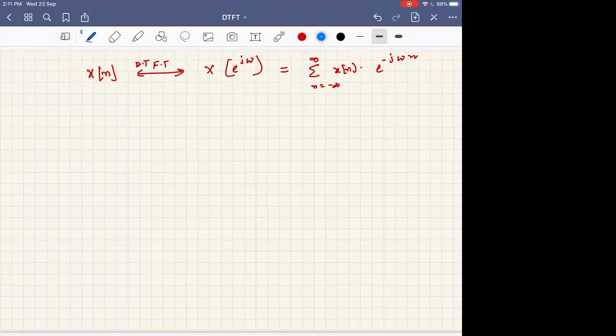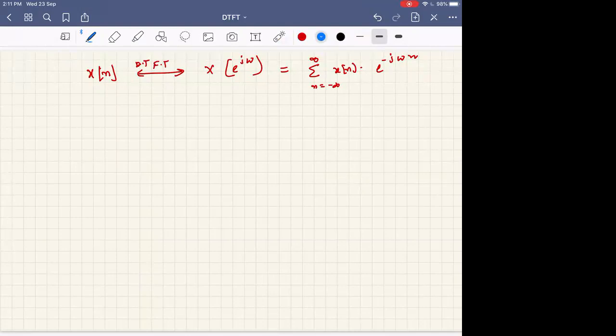Also, this frequency representation x of e power j omega can be looked at as the projection of the signal x of n on the exponential sequence with a particular frequency.